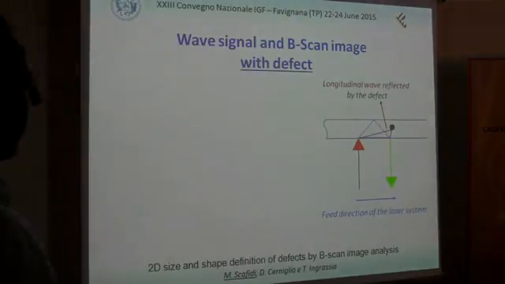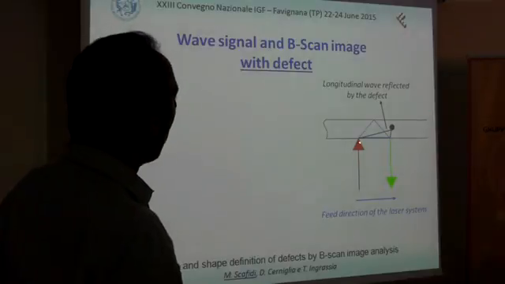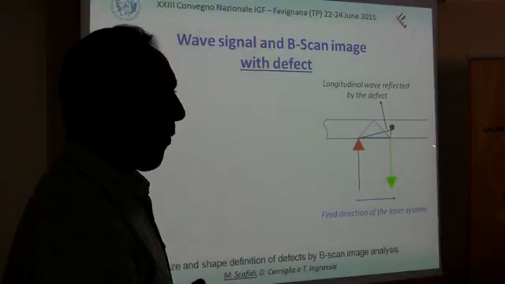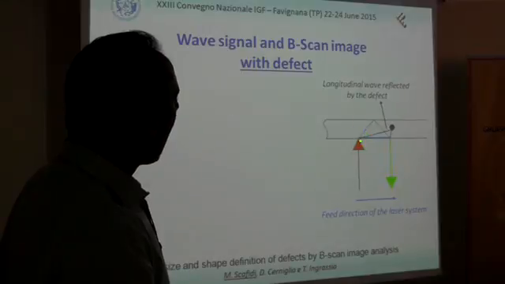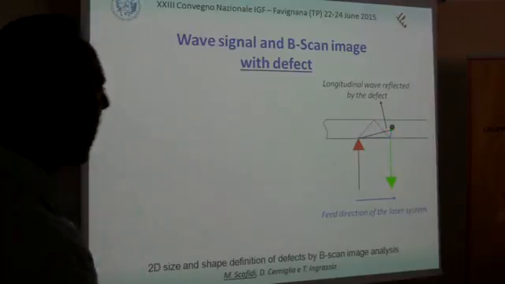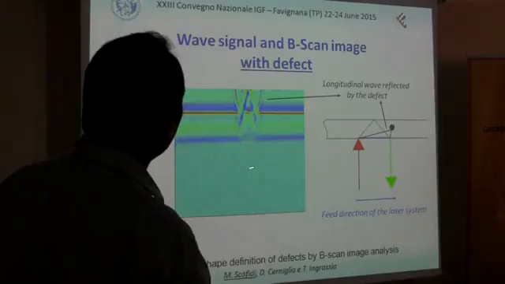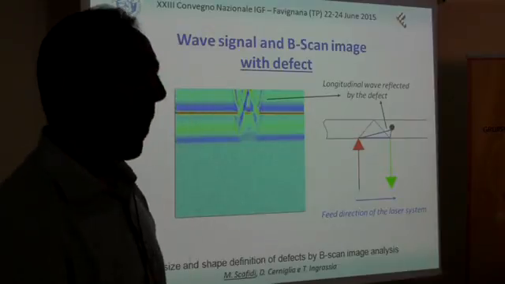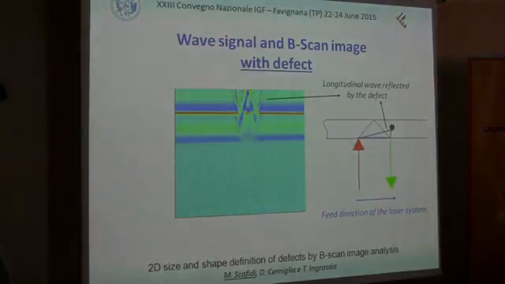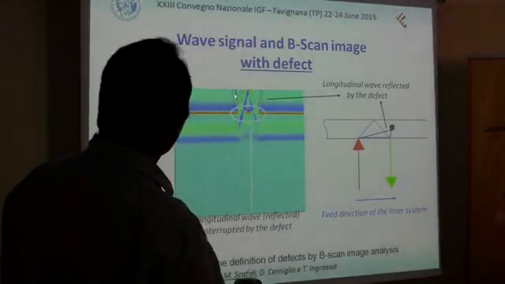If there is a defect, we have more effects, because in addition to the two waves before, we have a third wave that is reflected by the defect. And for example, we have this perturbation of the map, and we can observe two things.